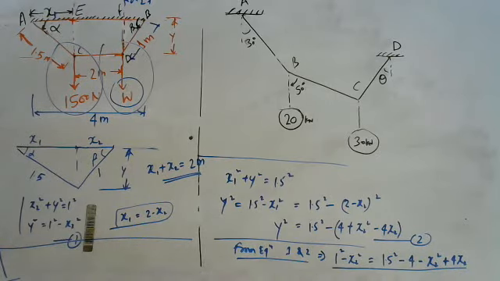I write x1, and x2 we can write as a final equation like this: 1.5 square, 1.5 square, then we change here minus 4.